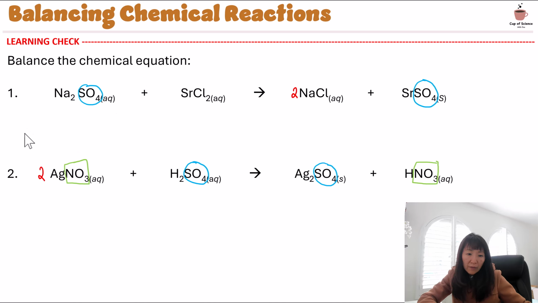So now I have 2 silver and 2 of this entire square, or the nitrate. So if I go on to the right, I only have 1 square since the coefficient is only 1. So therefore I need to put a 2 here to account for 2 of the square thing, which is the nitrate, right? And now you see that 2 hydrogen, since you added a 2 there, and on the left-hand side, 2 hydrogen. So everything looks good. It's all balanced out.